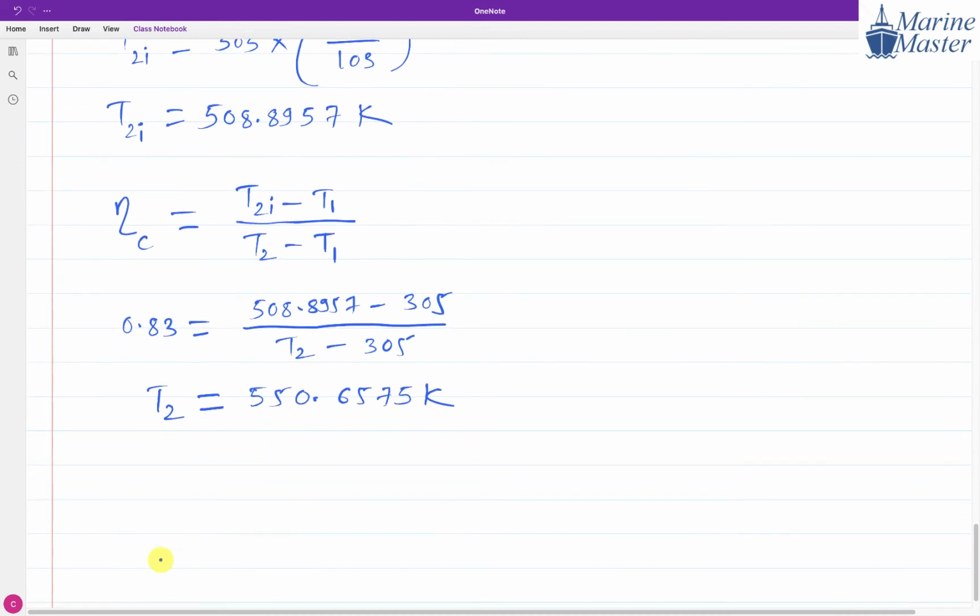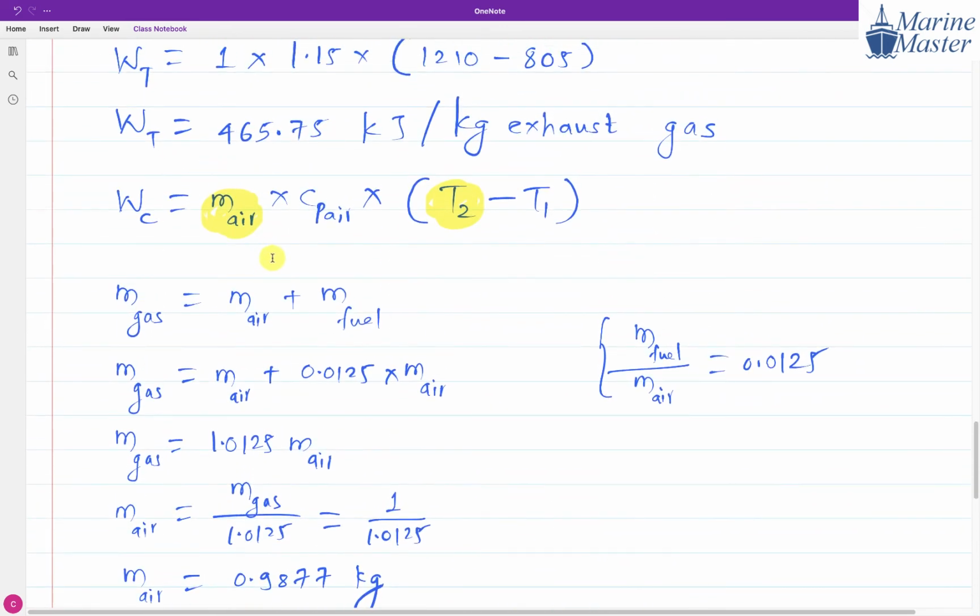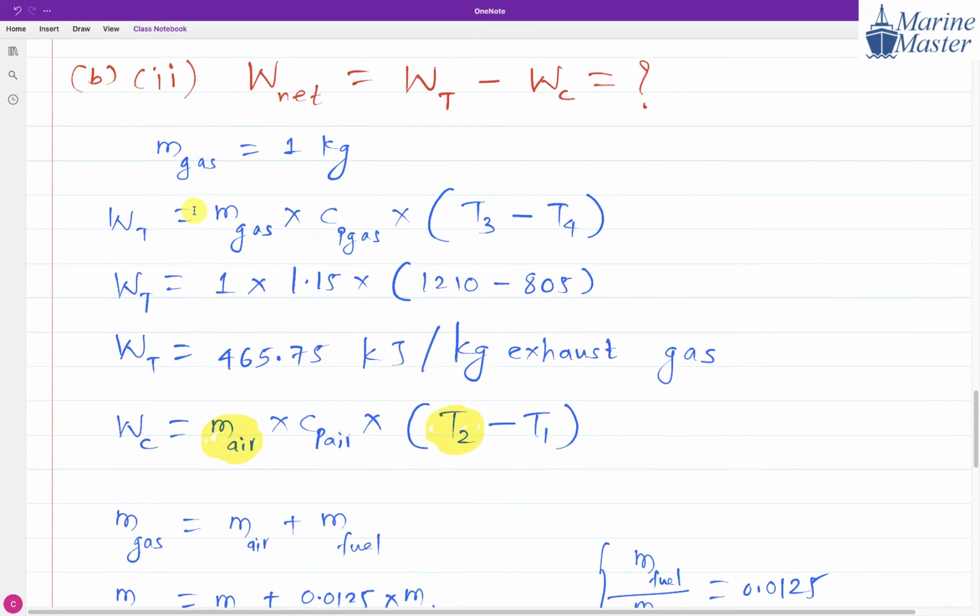Now after getting T2, guys, what are we going to do? Why did we calculate T2? We need WC. And why do we need WC? To get W net, guys.